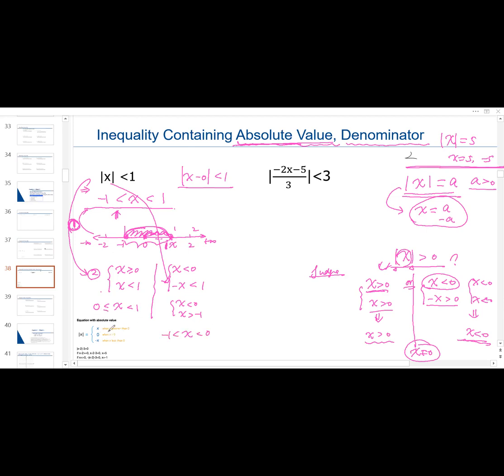When you graph this together, you can see this part: here is negative infinity, here is positive infinity, here 0, here -1, here 1. See this one: x greater than or equal to 0 and less than 1 should be between here.